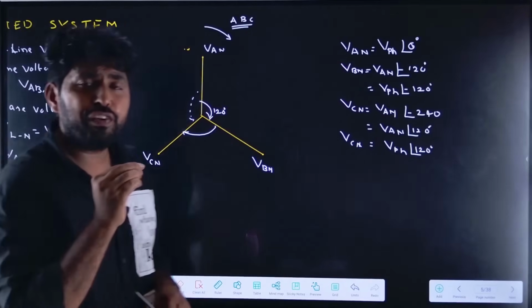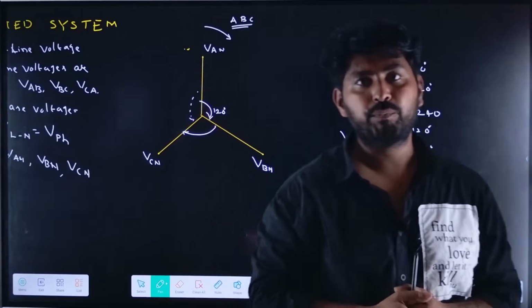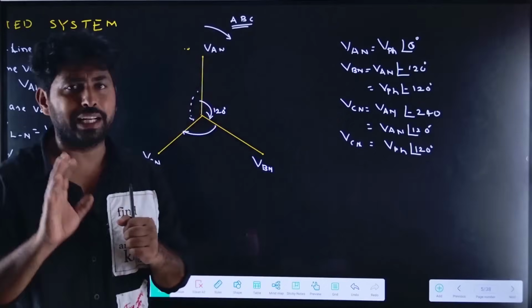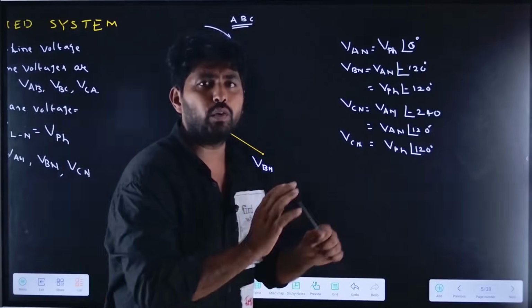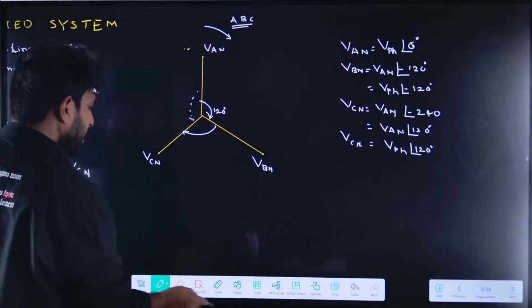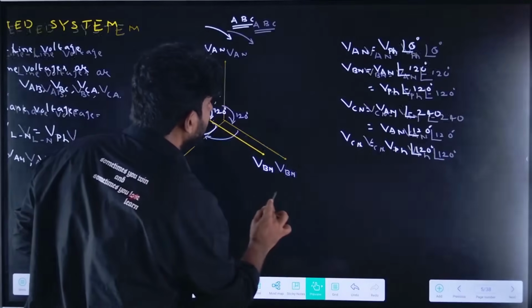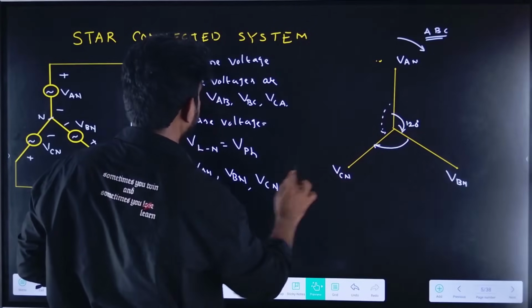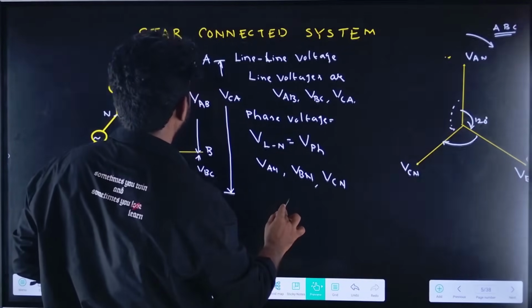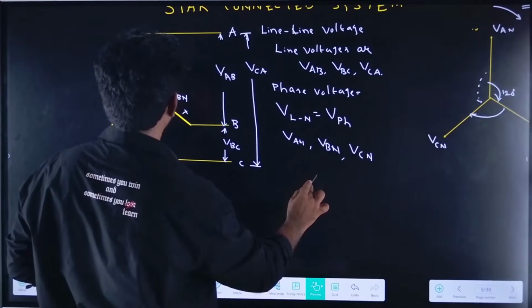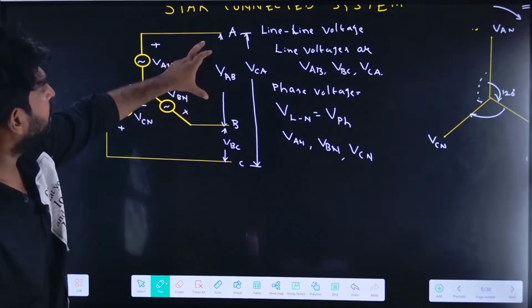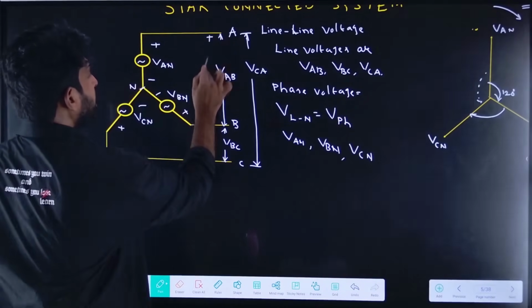Now let us find the line voltages, starting with VAB. Here no load is connected to the generator, we are just observing the voltages. If I want to find VAB, A is positive and B is negative.